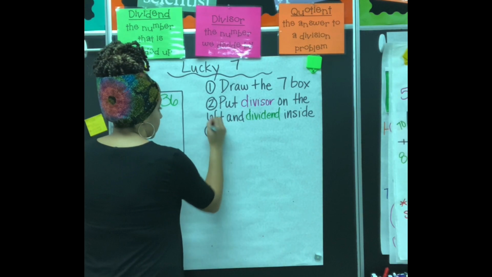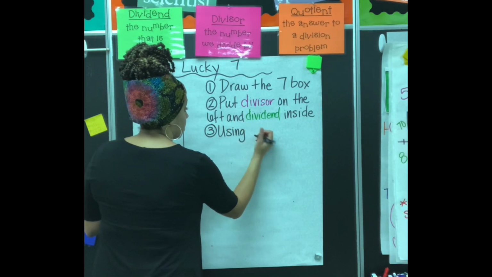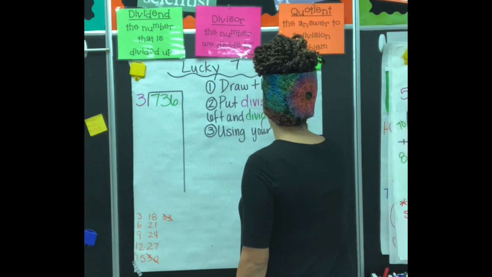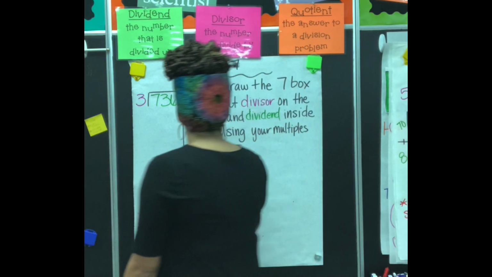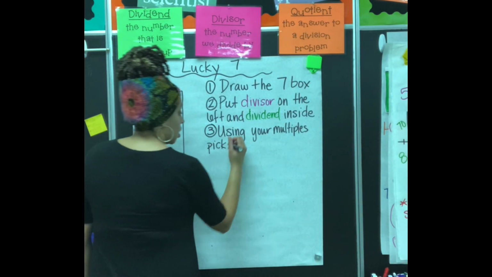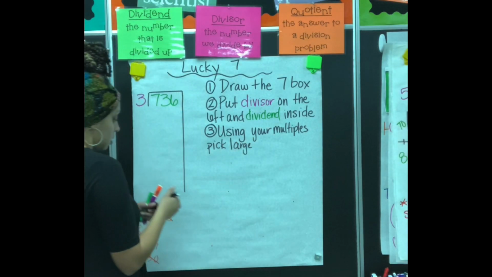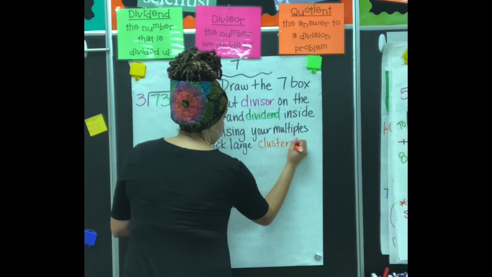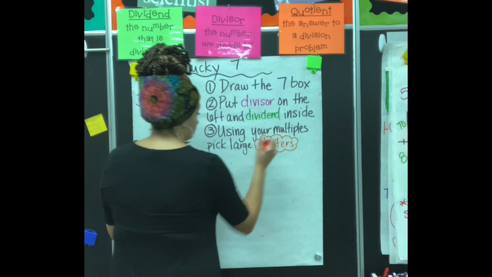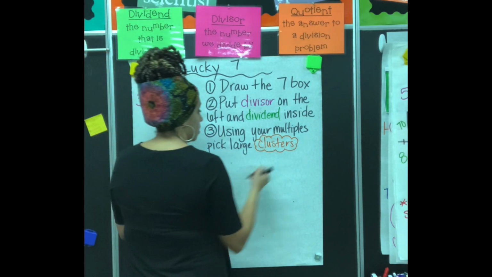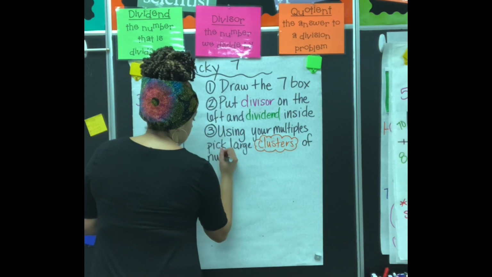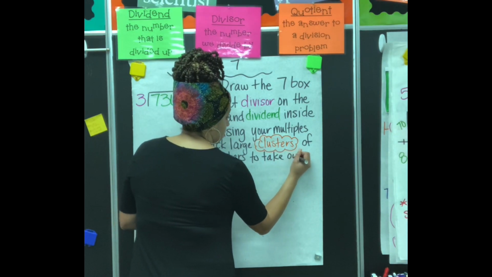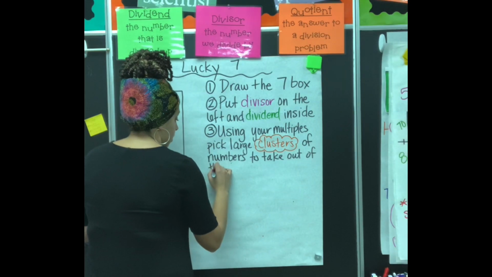Step number 3, using your multiples, pick large clusters of numbers to take out of the dividend.